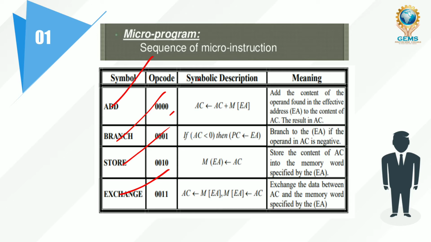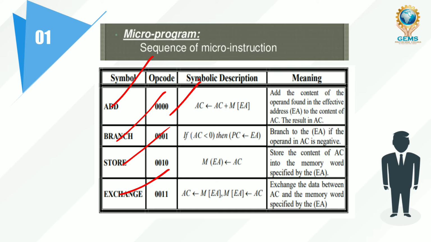The first one, 000, indicates the adding of 2 registers. Then immediately after adding the registers, it goes to branch. After that, it goes to store the data accumulated to memory, and finally it exchanges data from accumulator to memory and memory to accumulator.